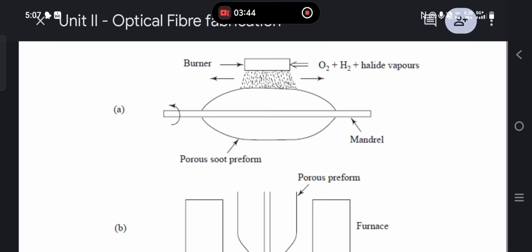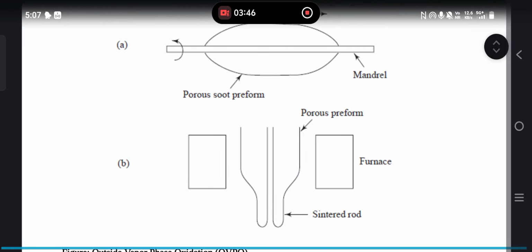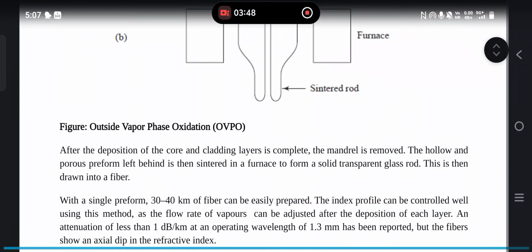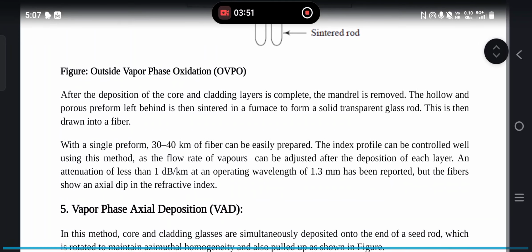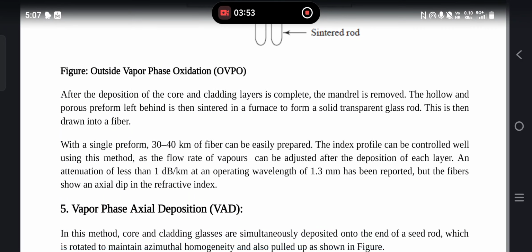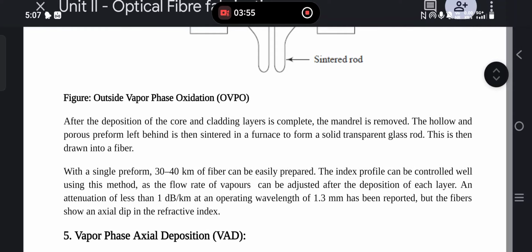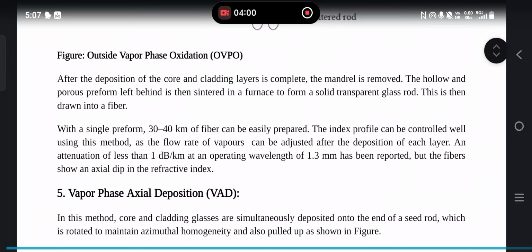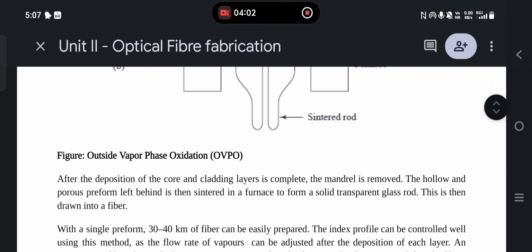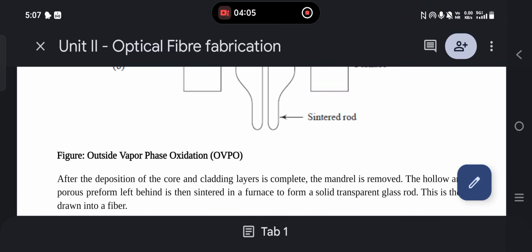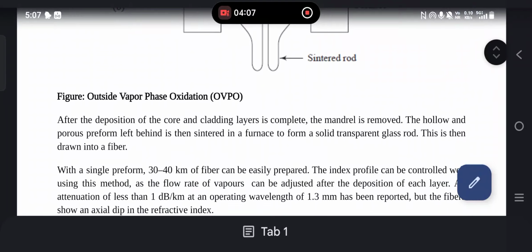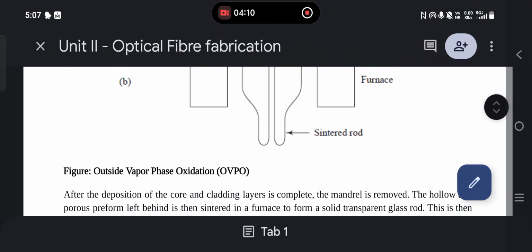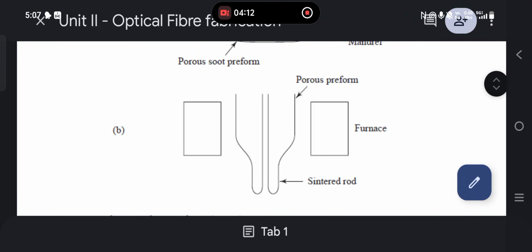So a porous smooth preform is formed, and then after the deposition of the core and cladding layer is complete, the mandrel is removed. The hollow and porous preform left behind is then sintered in a furnace to form a solid transparent glass rod. This is then drawn into fiber. So this is the furnace, and in the furnace the preform is sintered.